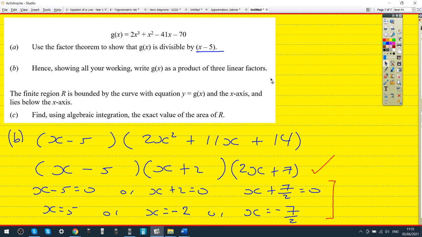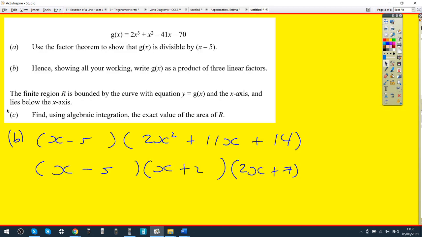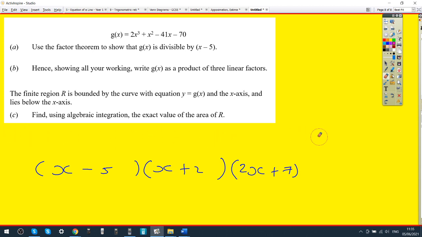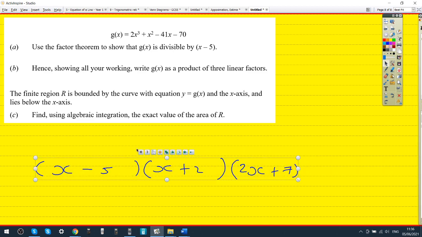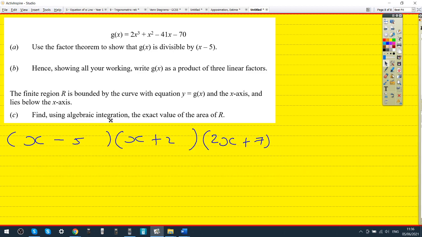Part C. So you'd integrate the thing at the top, g(x).